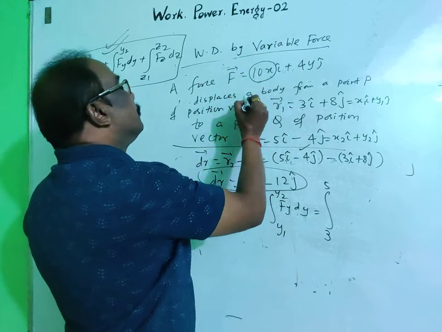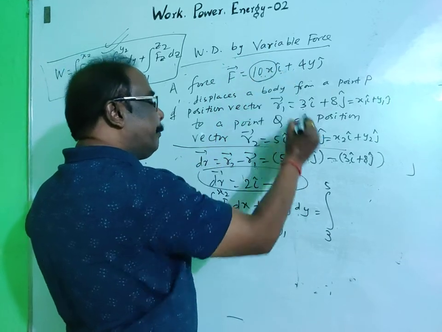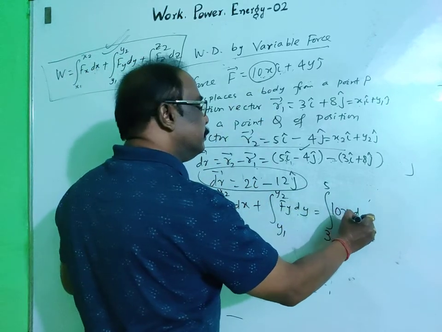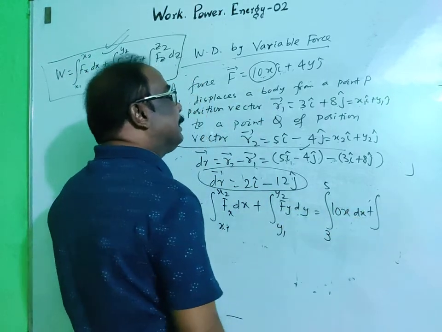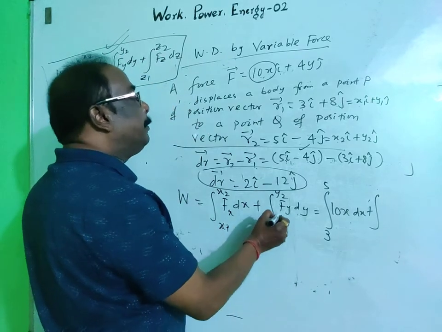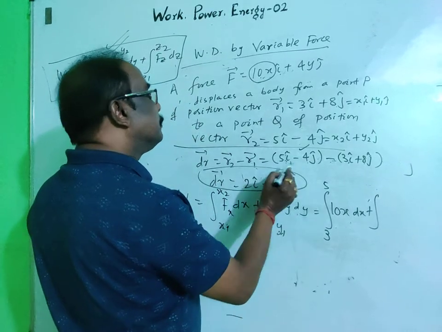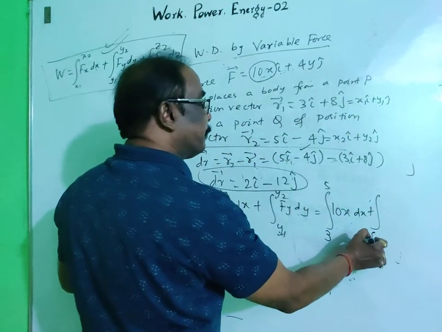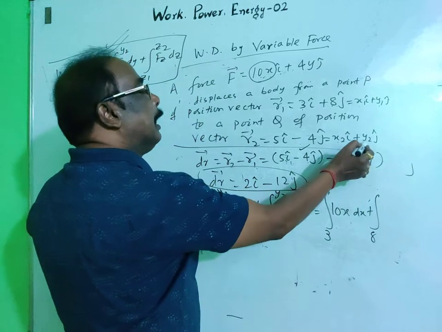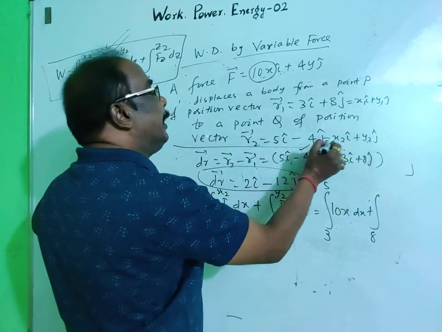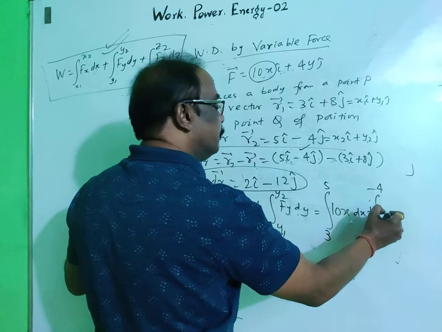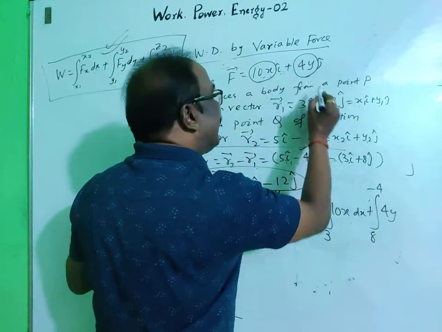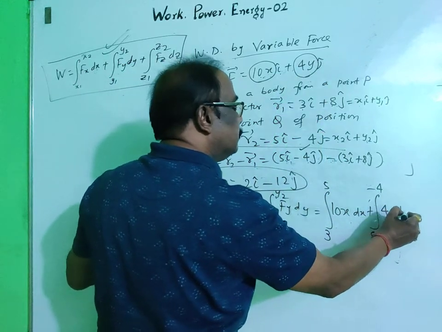The magnitude of fx is 10x, so the integral of 10x dx, plus the integration of fy dy, where the limit is from y1 to y2. y1 is 8 and y2 is minus 4. And the magnitude of fy is 4y, so 4y dy.